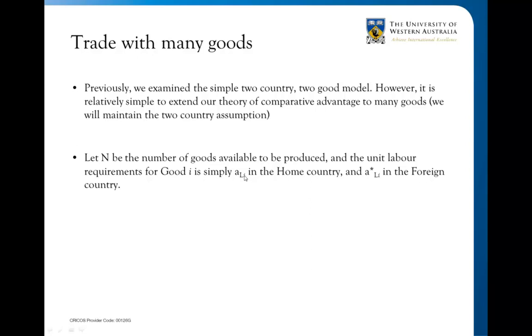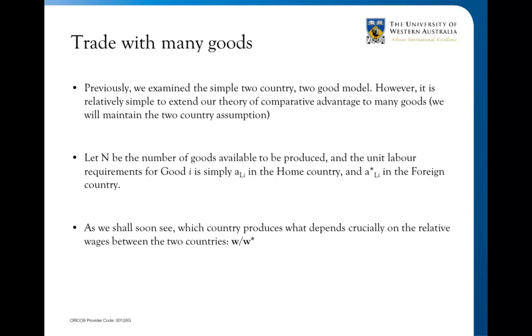So it's the same principle, but before, when we only had two goods, the i was equal to wheat and yogurt, so you had a_LW and a_LY. But now we're expanding it to n number of goods. As we're going to see in a sec, which country produces what goods will depend crucially on the relative wages between the two countries, so the wage rate in home divided by the wage rate in foreign.